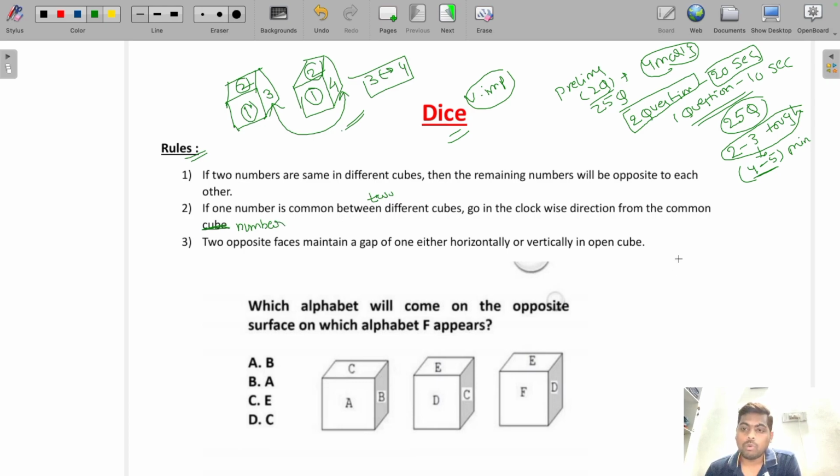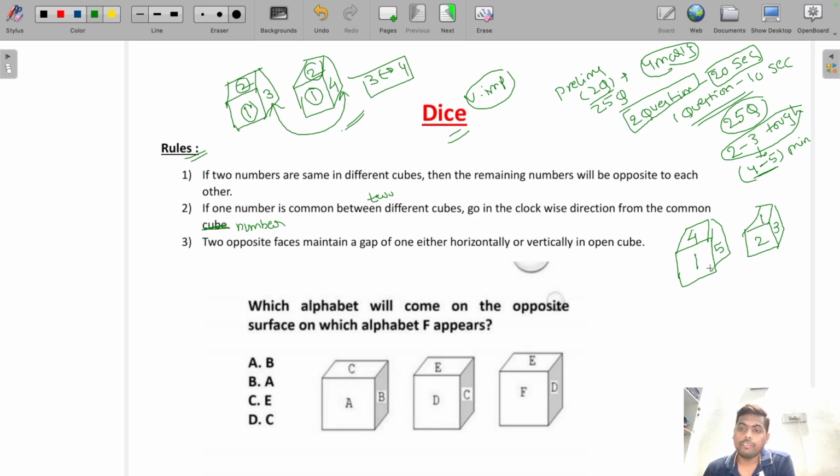Now let us say there are two cubes. I'm bad at drawing, please bear with me. Let us say here we have 1, here we have 4, 5. Here we have 1, here we have 3, here we have 2.